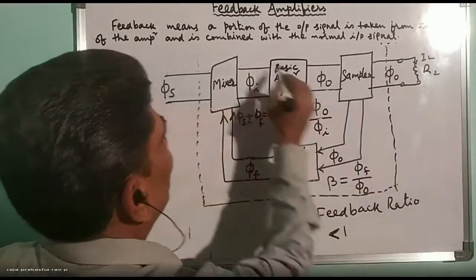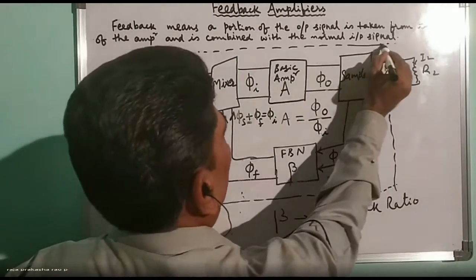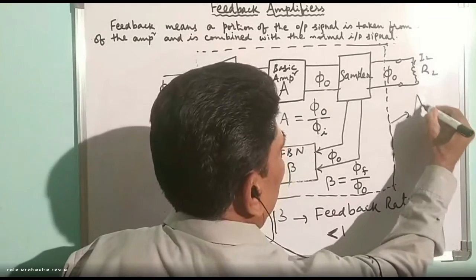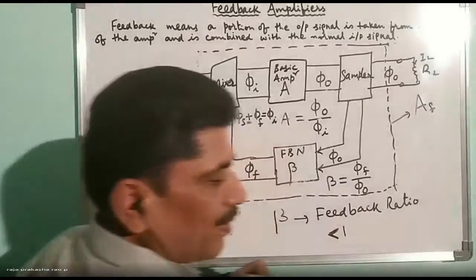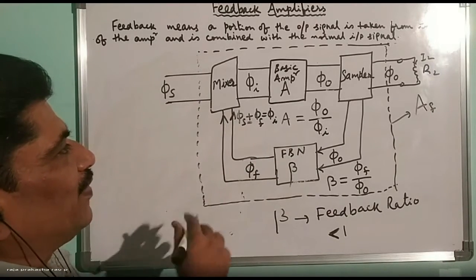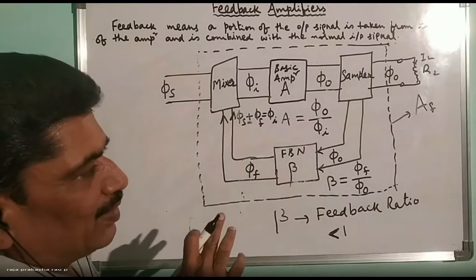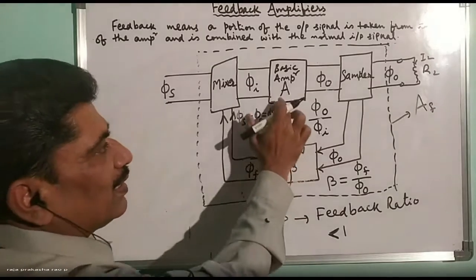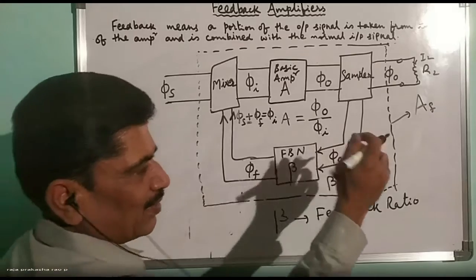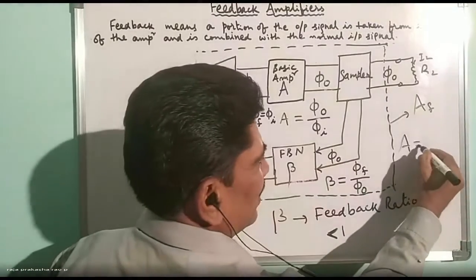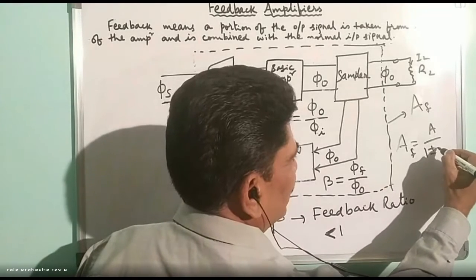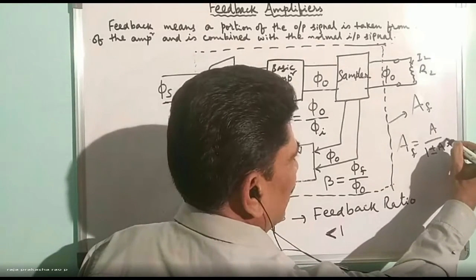So this is the feedback amplifier whose gain, that is voltage gain, is denoted by Af. Af is the gain of the feedback amplifier when feedback is considered. When feedback is not considered, gain of the amplifier is A. When feedback is considered, gain is Af. Af is equal to A by 1 plus or minus A into beta. That we have to derive.